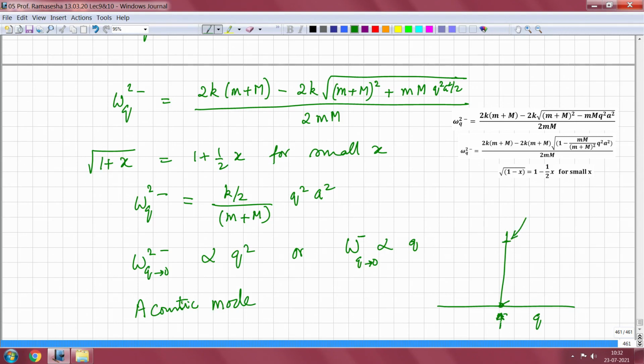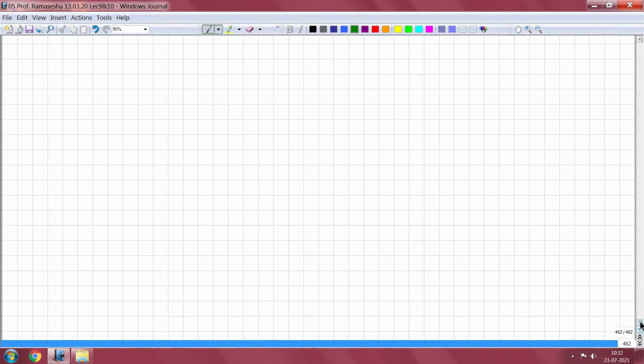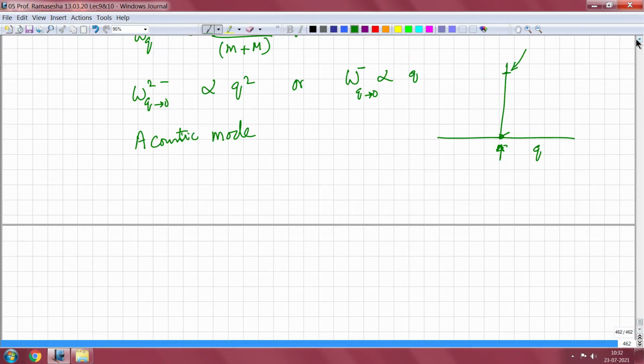Okay, and let us also do the solution at qa equal to plus minus pi. So when we do this, it is quite easy to write down.